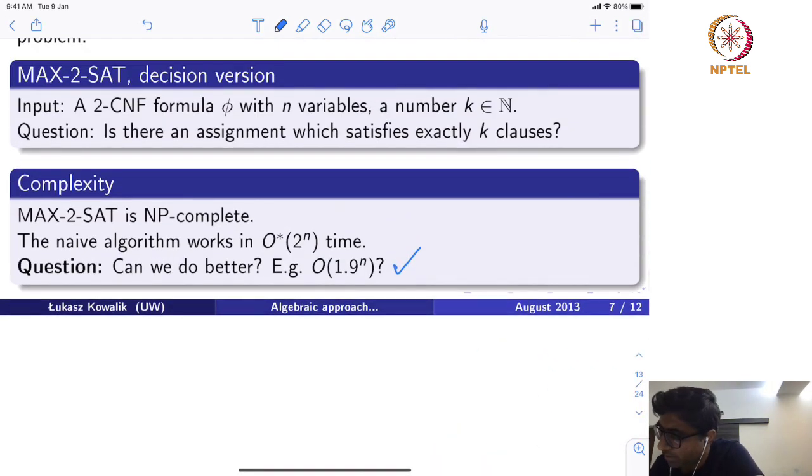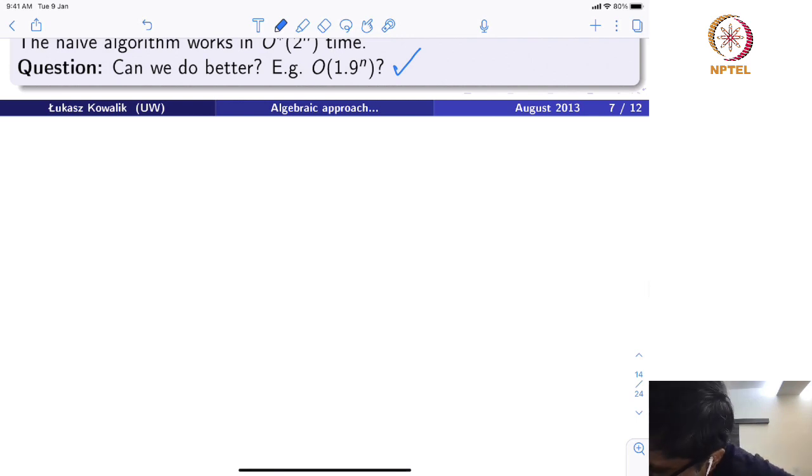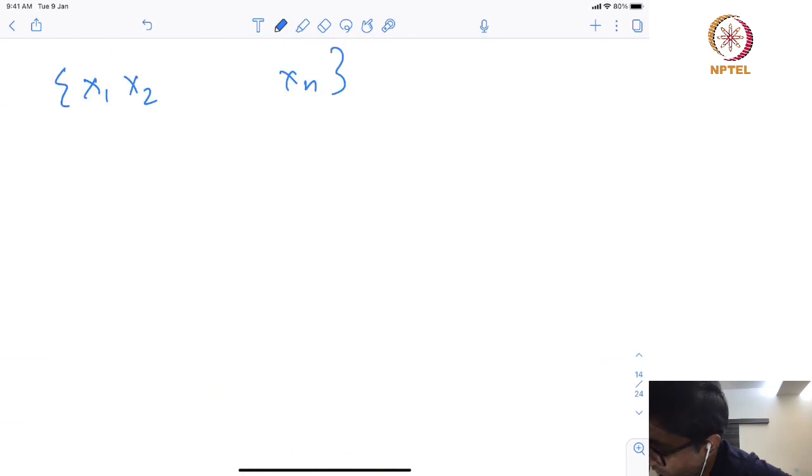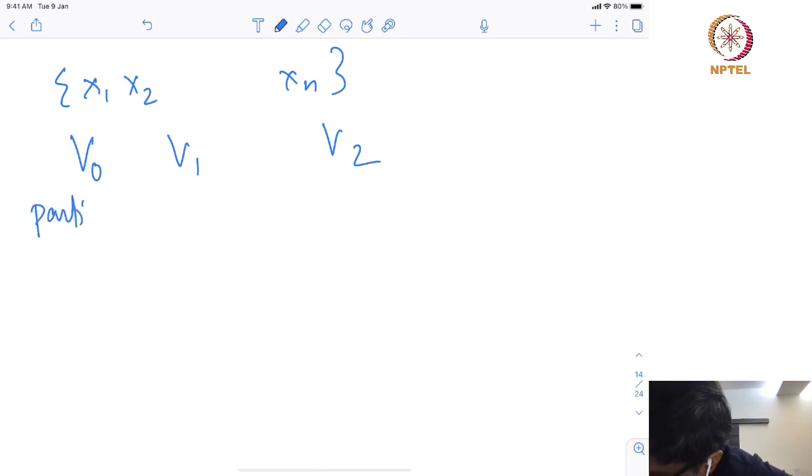So what he did is the following. Suppose you had the variables x1, x2, up to xn. He first partitions this into v0, v1, v2, as equal as possible.